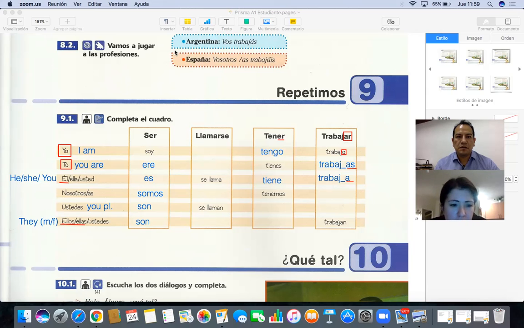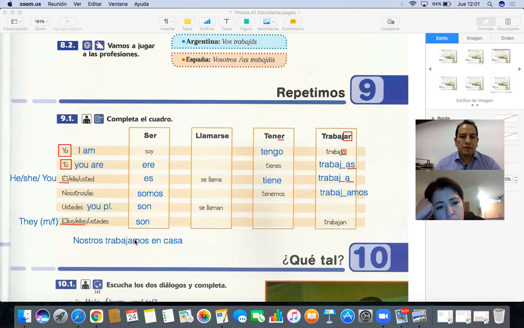I can't see that word yet. The amos. Right here. Oh, fine. Nosotros trabajamos en casa. This is the part that is important for this kind of activity we're doing now. The endings.